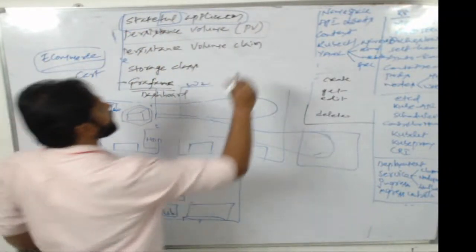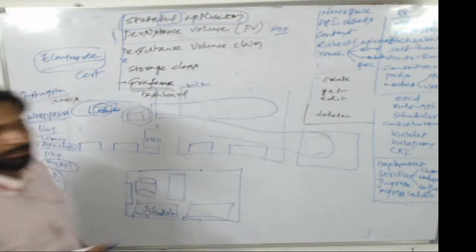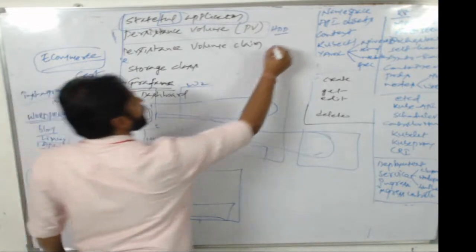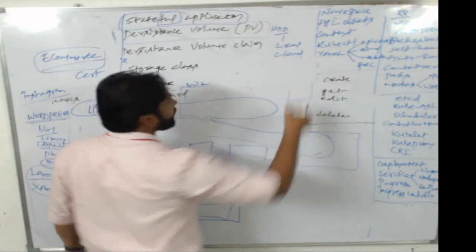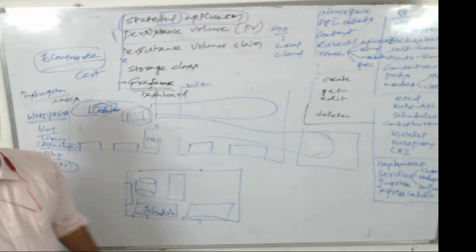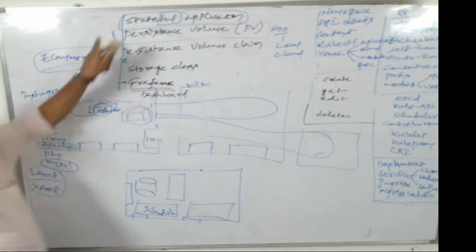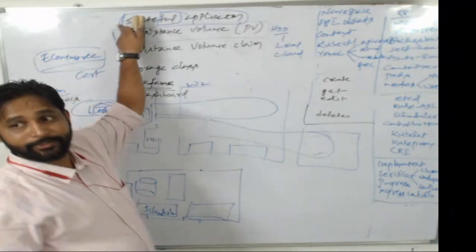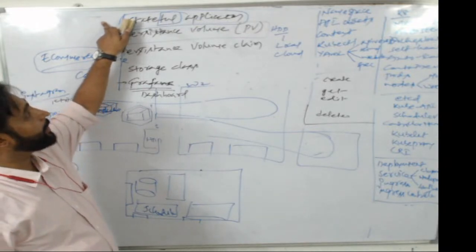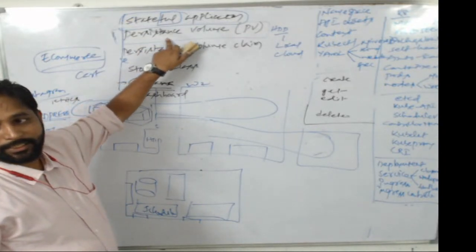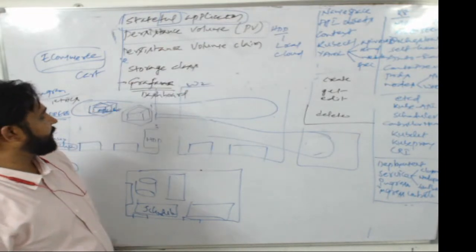So persistence volume is basically a hard disk. Now this hard disk need not always be on the node. It can be local or it can be cloud. So you have a stateful application which needs to store the data permanently, and the permanent storage is usually a hard disk, or what we call a persistence volume.